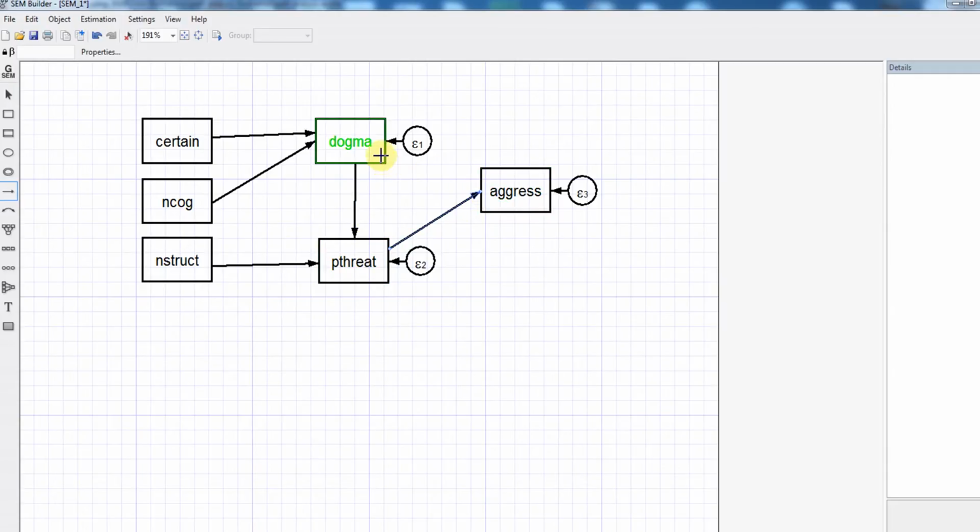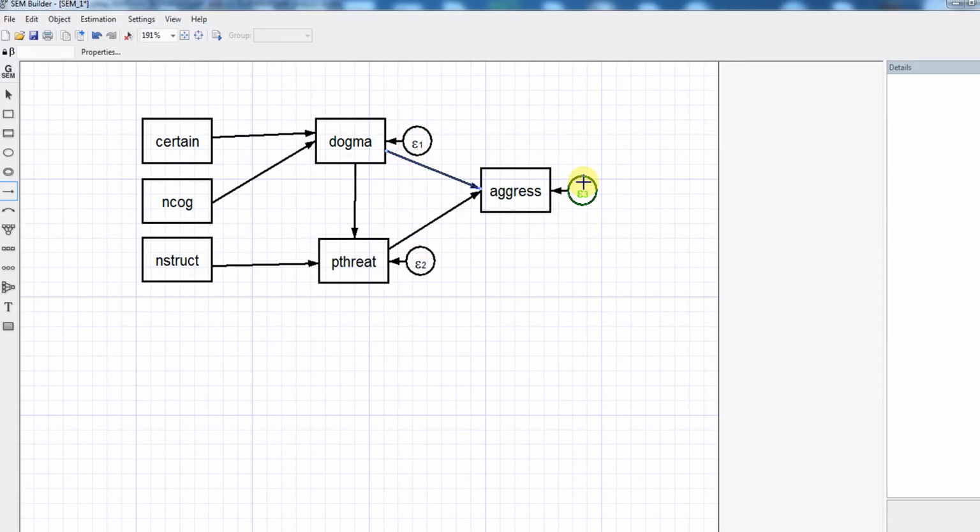But the main point is that we would specify the causal relations, or proposed causal relations, based on some theoretical conception. And what you'll notice is that the boxes that have arrows pointing to them have this little term right here, which is called a disturbance.